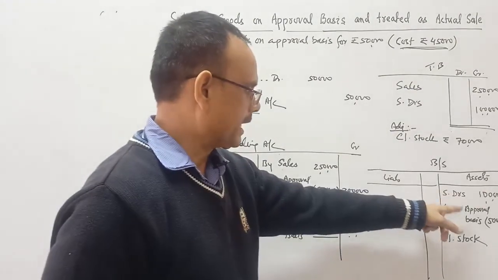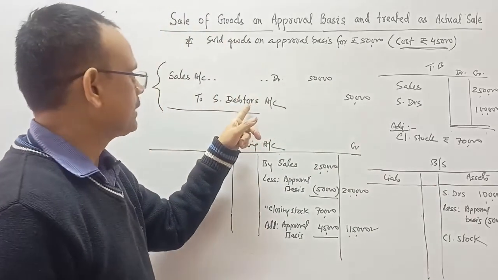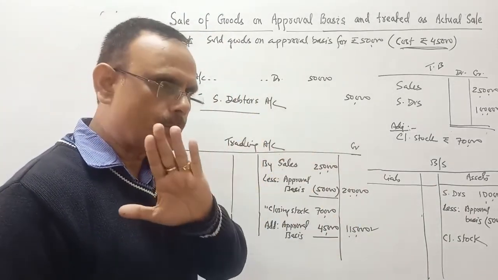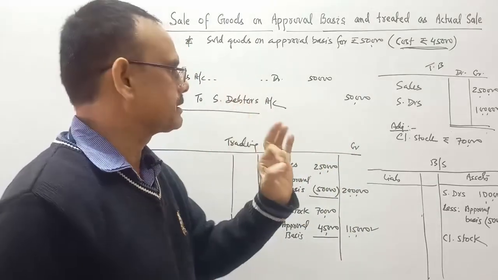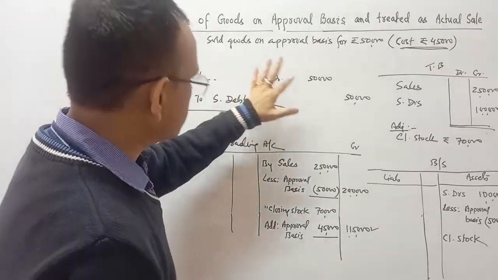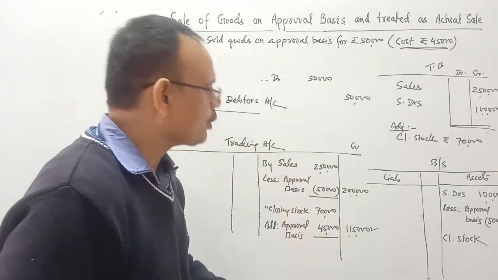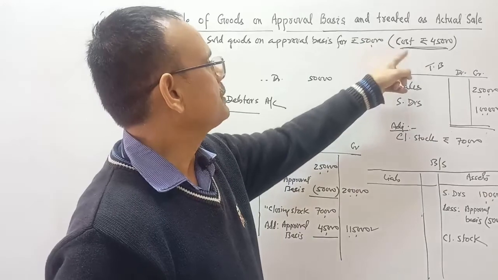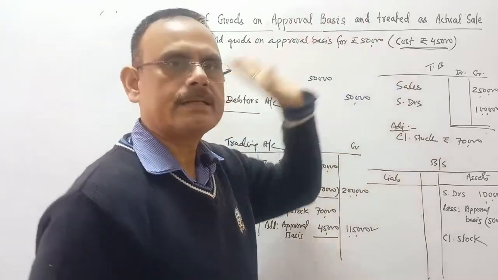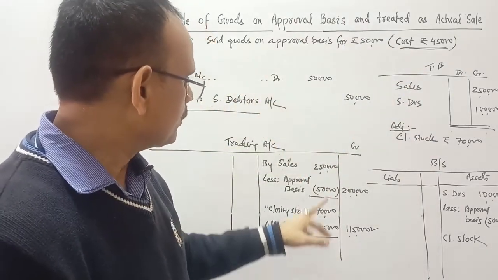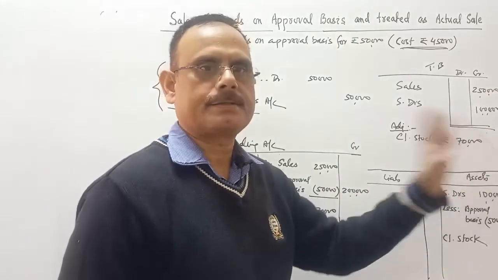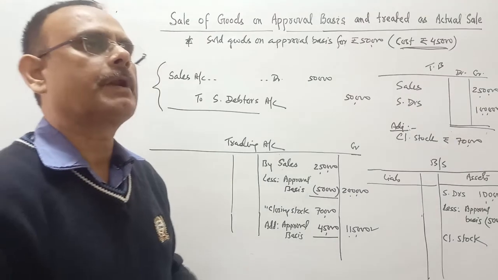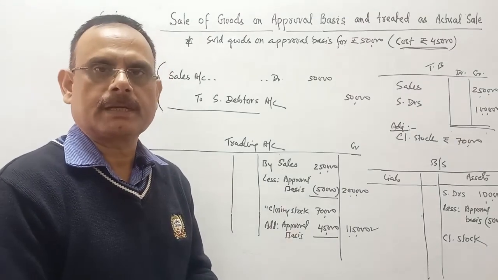So debtors will be reduced by this amount because it is for approval. This should not be considered as actual sales. So debtors will be reduced, sales will be reduced, and closing stock will be increased by whichever amount is less. So cost is less, so by that amount the closing stock will increase. This will be the treatment when goods are sent on approval basis to the customer.